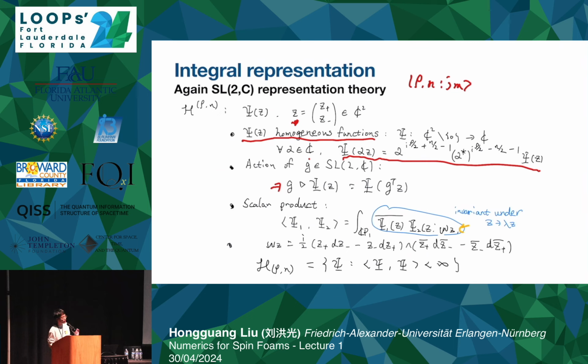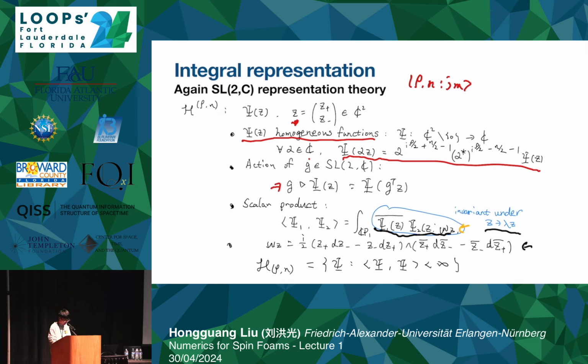We chose this special measure such that the whole thing is invariant under the action of the SL2C group and also under the scaling of the spinor, which somehow projects this integration onto CP1. This is exactly the form of the measure. So with this scalar product and with the action, this forms a representation space of SL2C group elements.